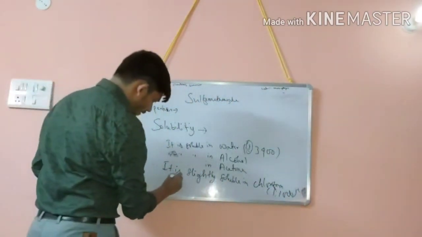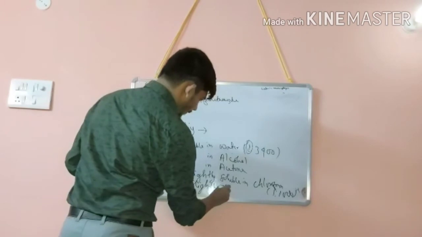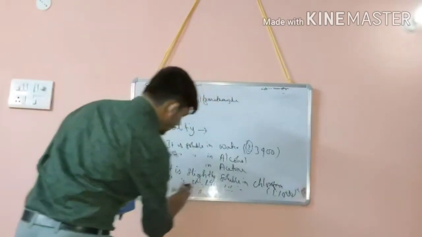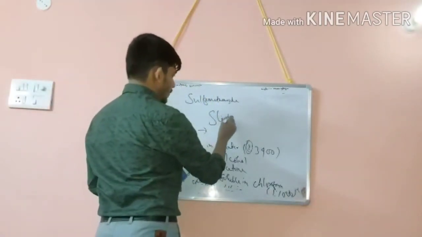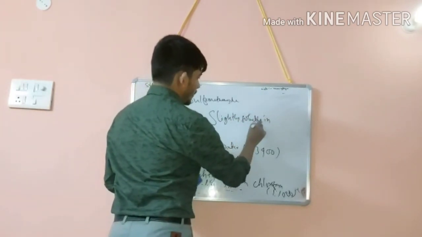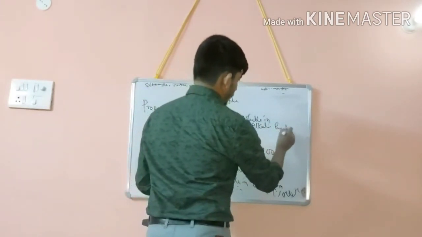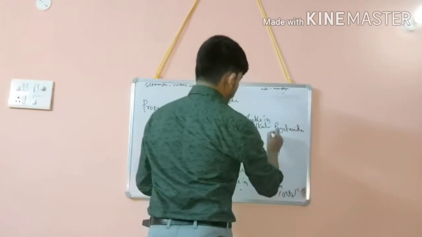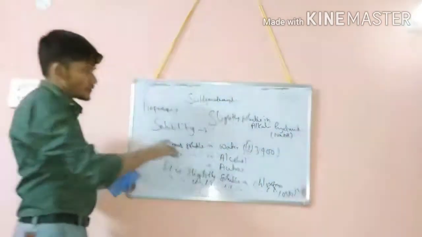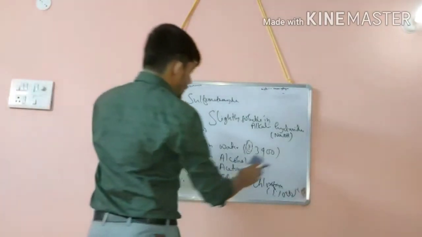It is also slightly soluble in alkali hydroxide, like sodium hydroxide. So this is a little about the solubility profile of this sulfamethoxazole.